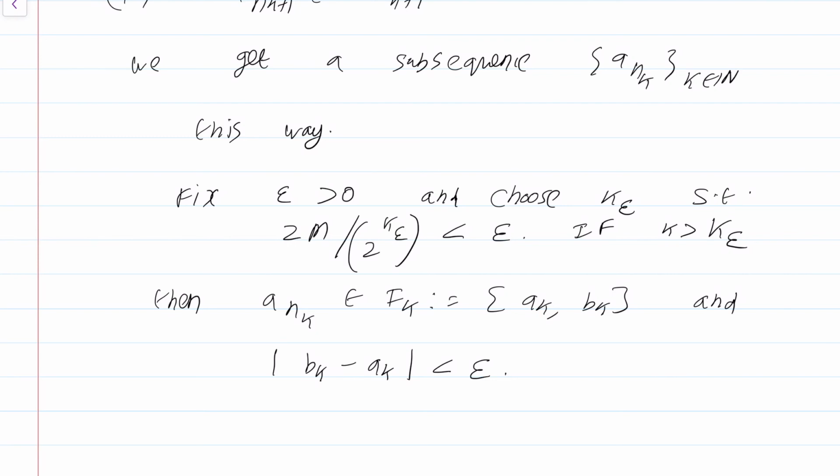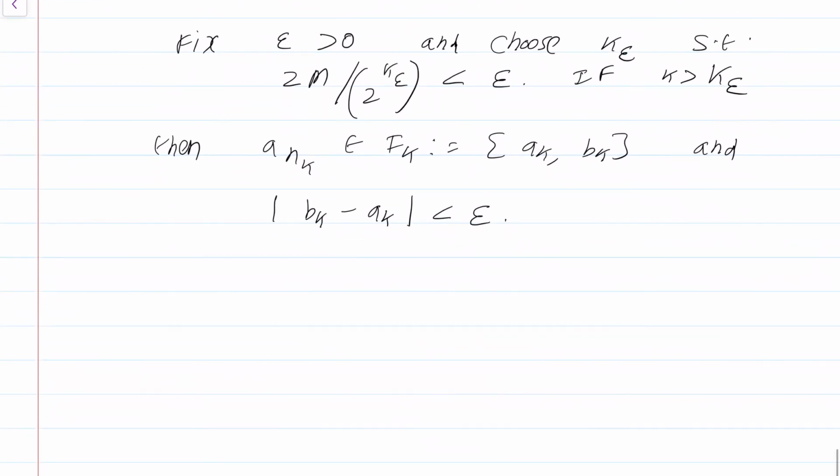We started off with size 2m, because we started off with minus m to m, right? So it will follow that if you make the choice of k greater than k epsilon, with k epsilon chosen such that 2m divided by 2 power k epsilon is less than epsilon, then mod bk minus ak will be less than epsilon in size.